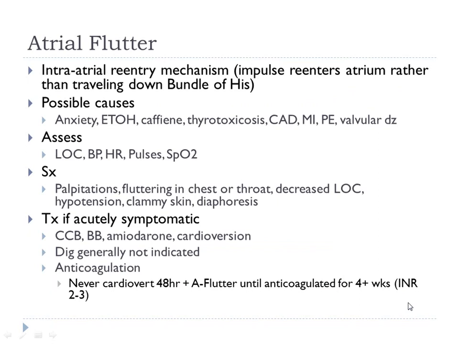I talked about maybe the impulses occurring somewhere else, but with A flutter and A fib, atrial fibrillation, which we'll talk about next, the impulse for some reason can't escape the atrium. It's called a re-entry syndrome. Maybe the heart muscle has become sensitive to electrical activity, so it's kind of arcing back.